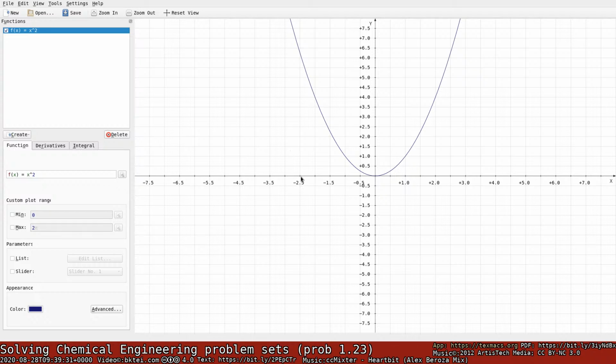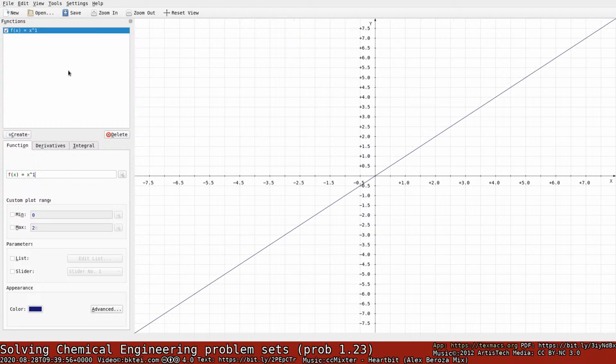We don't need that. This is just plotting some random function, x squared. But if we had said x raised to the 1, that should be a line. X raised to the 0.6 should be that.